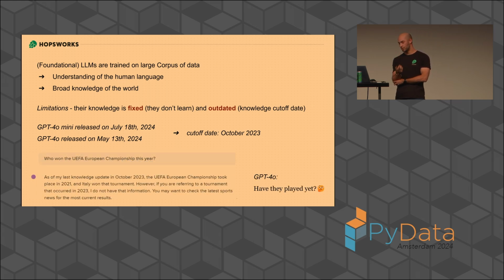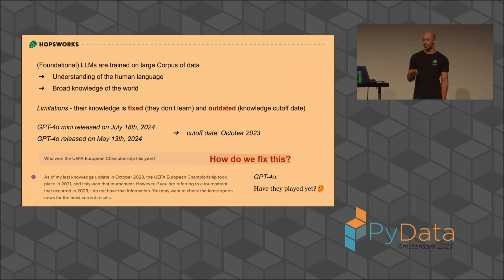But if you go to GPT-4 and ask the same question, you will not get the same answer because it doesn't really know what happened this year. So this is a limitation, and how can we fix this?